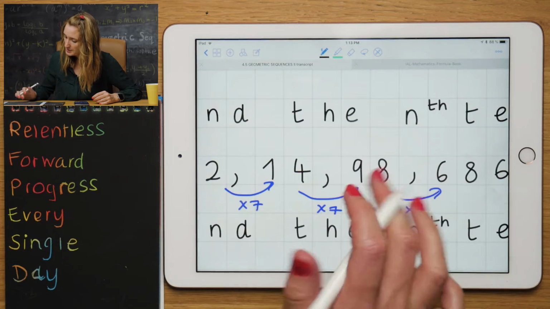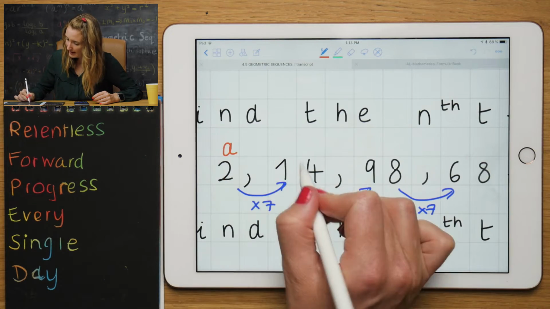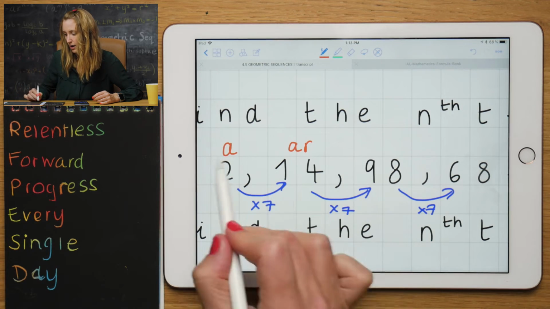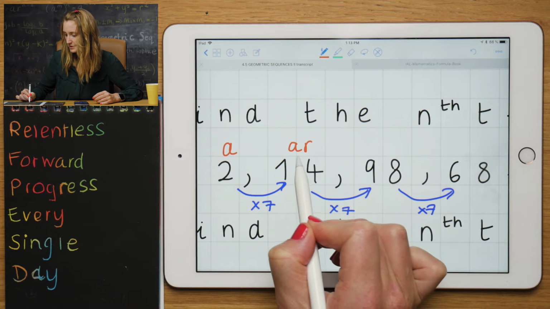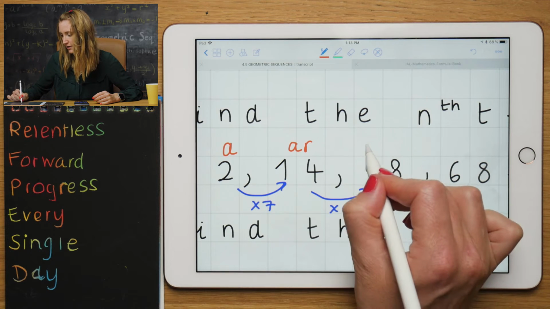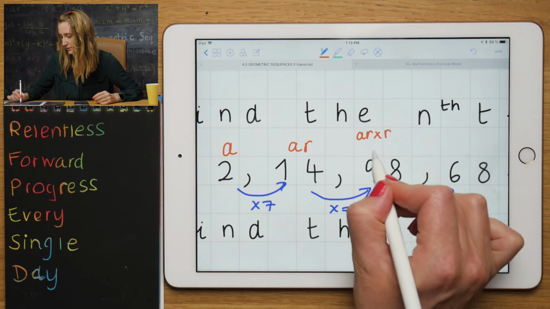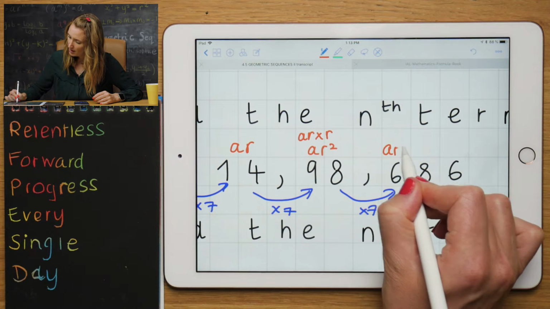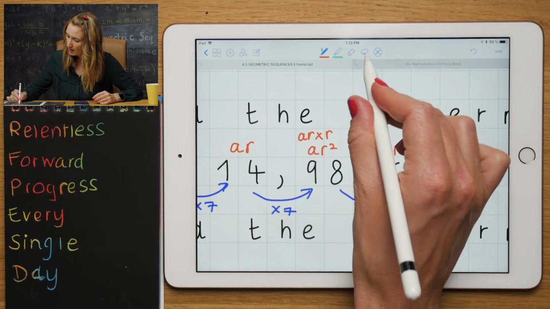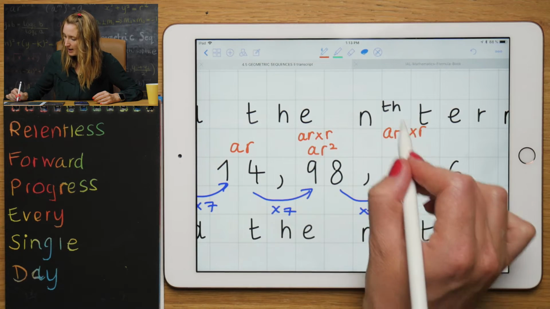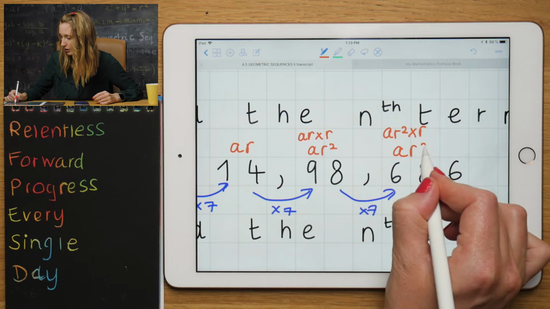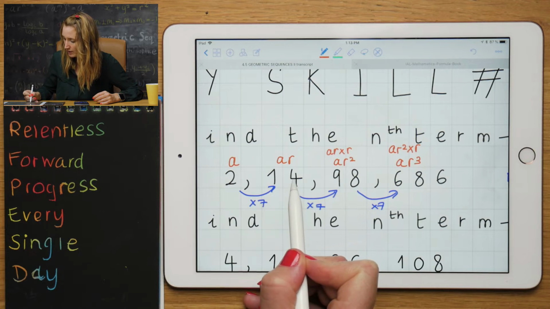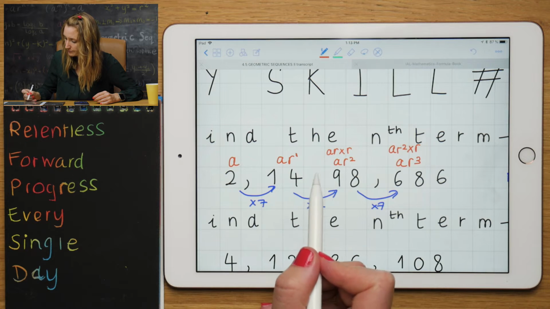The reason why this works is if you start here with A, to get this one I've done A times R. To get this one I've done AR times another R, so AR times another R is AR squared. To get this one I've done AR squared times another R, so now I have AR cubed. So you can see the pattern emerging. On the second one, I've got R power 1.